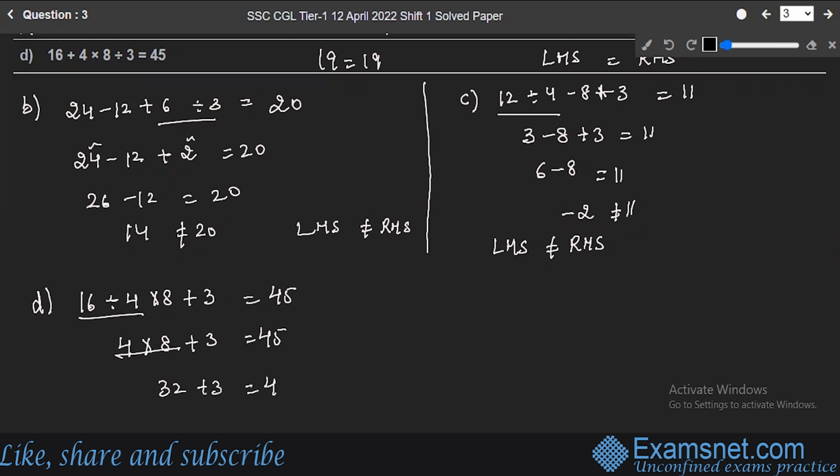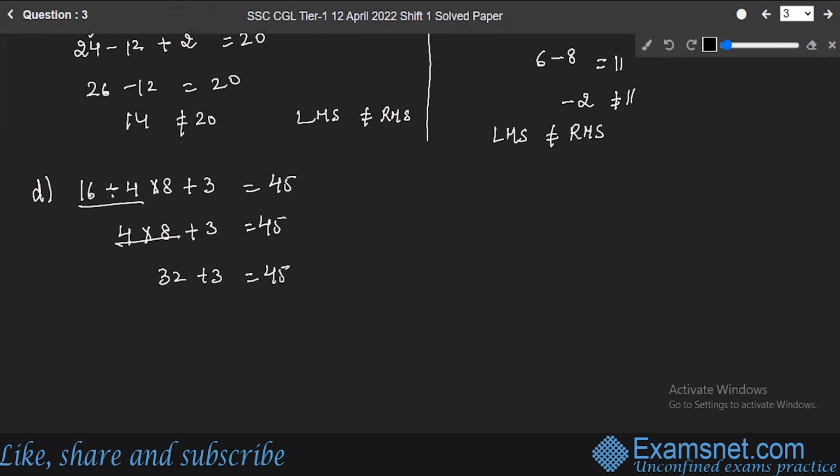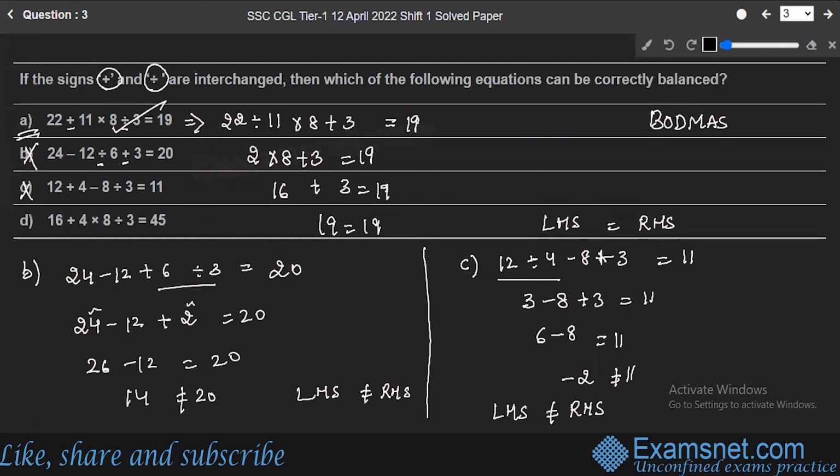This should be equal to 45. And here it is 35. Of course, this is not equal to 45. Here LHS and RHS are not equal. So yes, this option D is also wrong. We have our answer as option A.